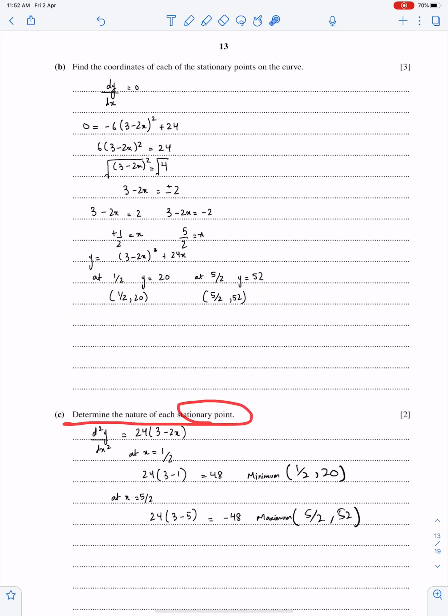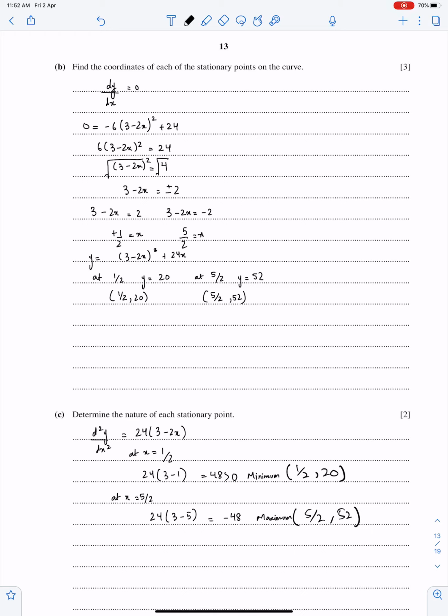Determine the nature of each stationary point. For that, we need to observe the sign of the second derivative at this value of x and then at this value of x. When we observe the sign of the second derivative at this value, we get positive. Second derivative is positive.